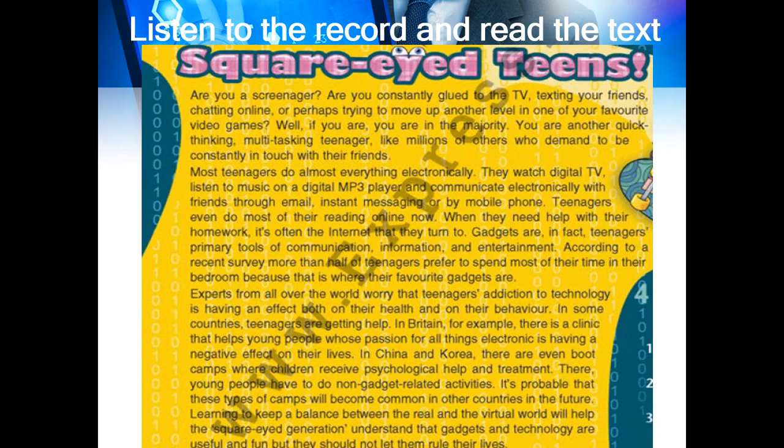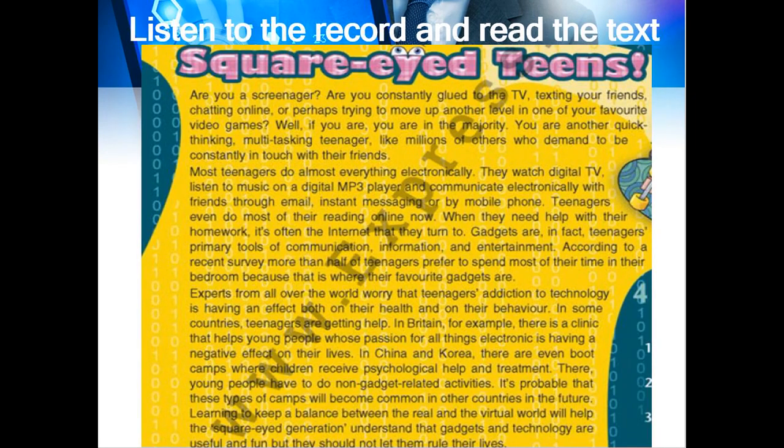Most teenagers do almost everything electronically. They watch digital TV, listen to music on a digital MP3 player, and communicate electronically with friends through email, instant messaging, or by mobile phone. Teenagers even do most of their reading online now. When they need help with their homework, it's often the internet that they turn to.